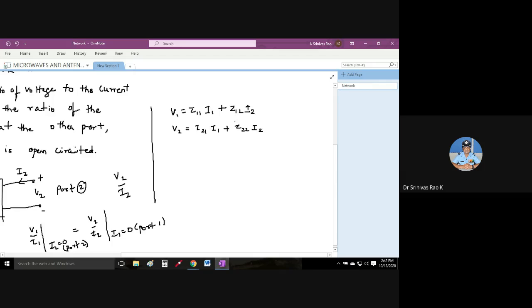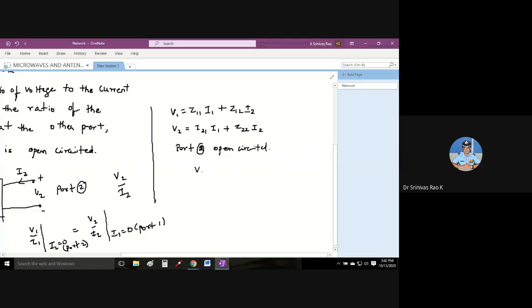With the same equations, first we take port 2 open circuited.